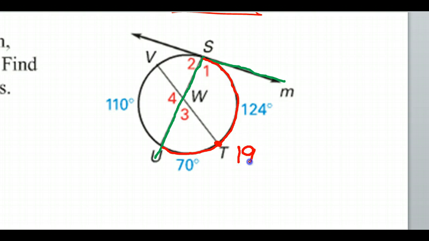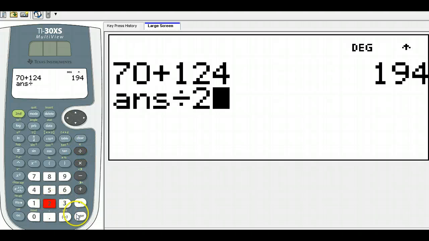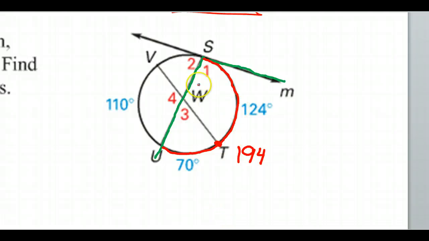So this red arc out here is 194. What we learned was this green angle is an inscribed angle, so it should be half of this arc. So I just need to do 194 divided by 2. So that's 97. So the measure of angle 1 is 97 degrees.